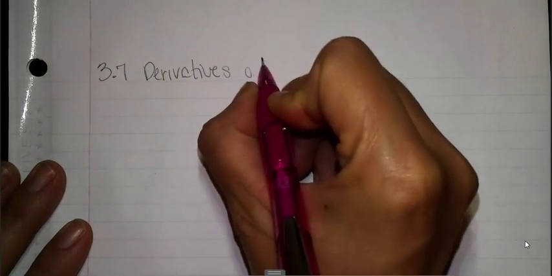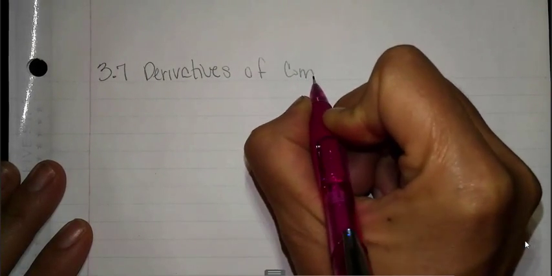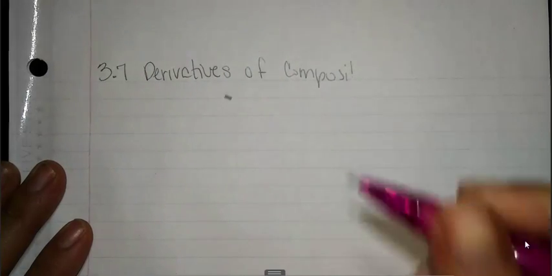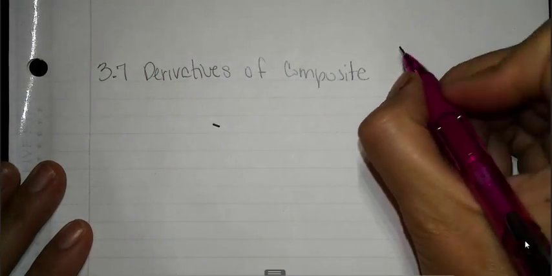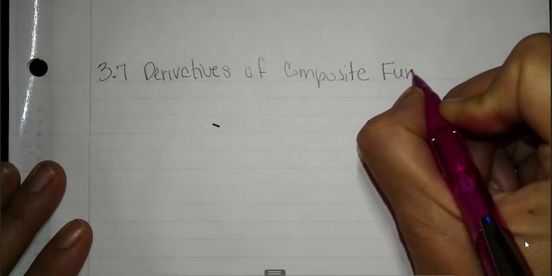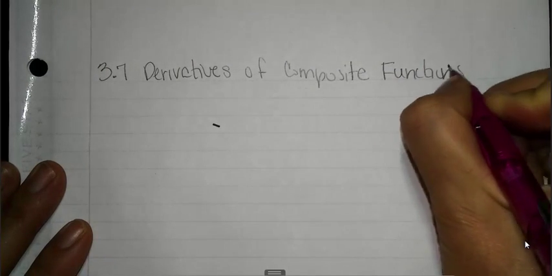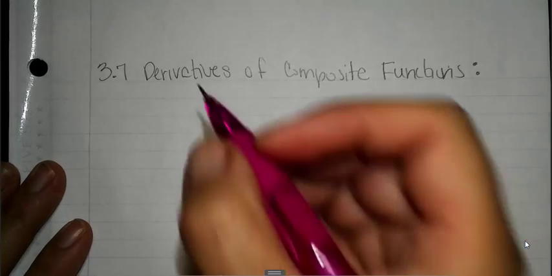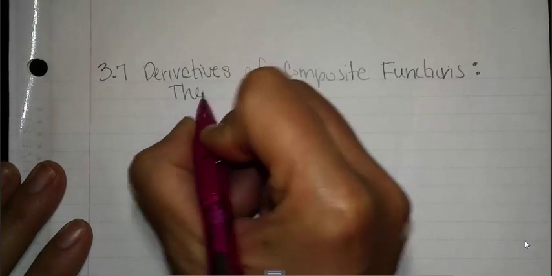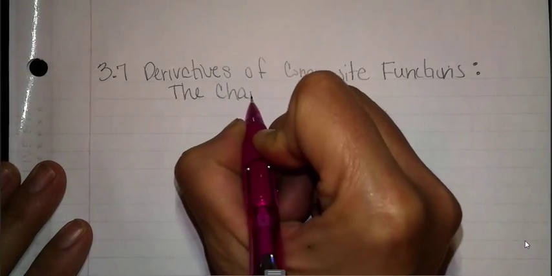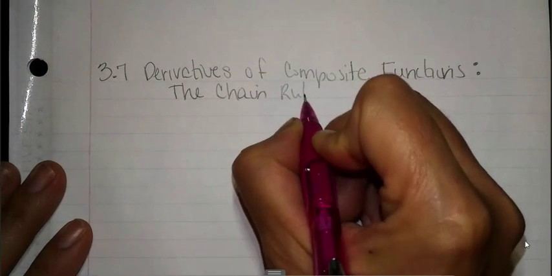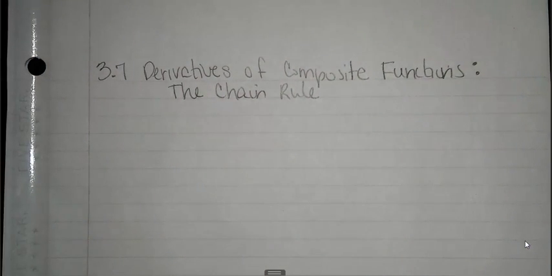3.7 is derivatives of composite functions. Or we might call that the chain rule. This is going to be very important that you're able to do the chain rule.